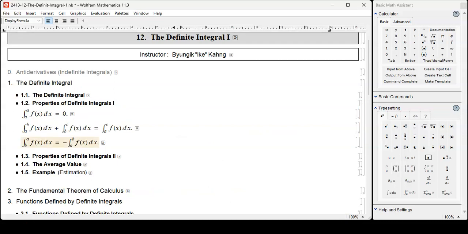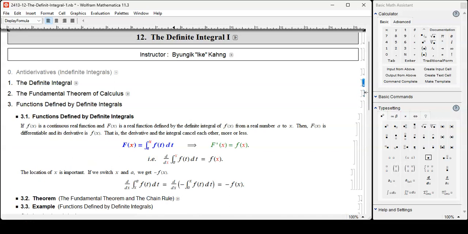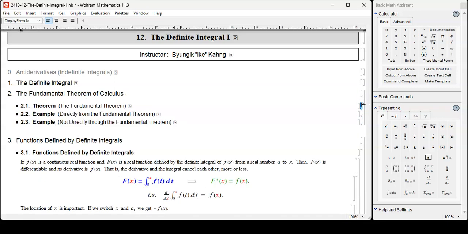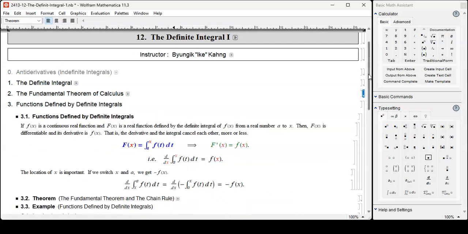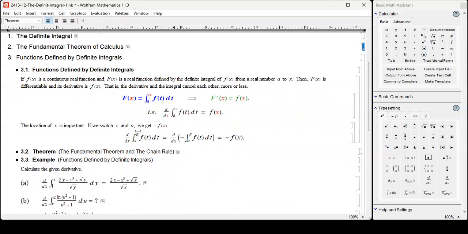Integral from a to b f of x dx is negative of integral from b to a f of x dx and vice versa. Another way to see the same thing is to go back to the fundamental theorem. Capital F of b minus capital F of a versus capital F of a minus capital F of b. If we switch a and b, no wonder we get the negative of the original. Either way, you can see that switching top and bottom will give you negative.